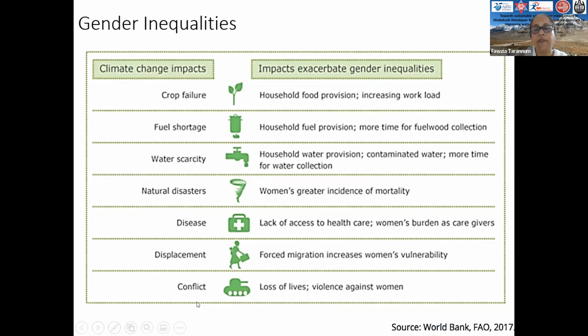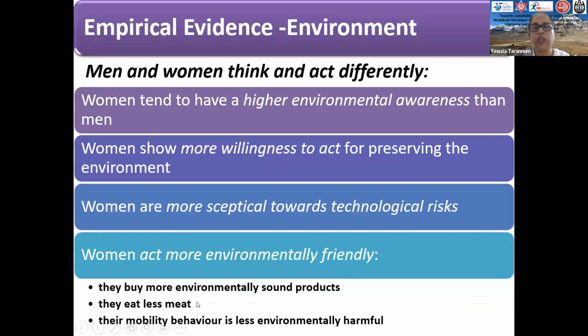Displacement, conflict. So we will share these slides with you, so you can go through them. But you need to also understand, when we talk of environment or environmental awareness, most studies reveal that women tend to have higher environmental awareness.